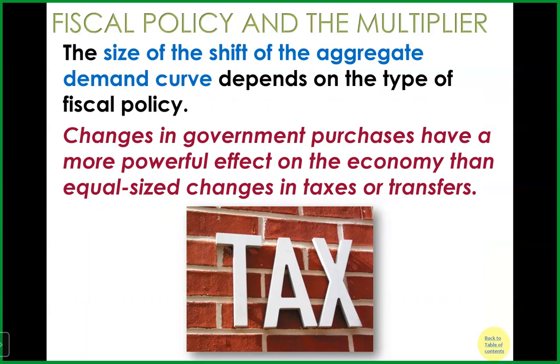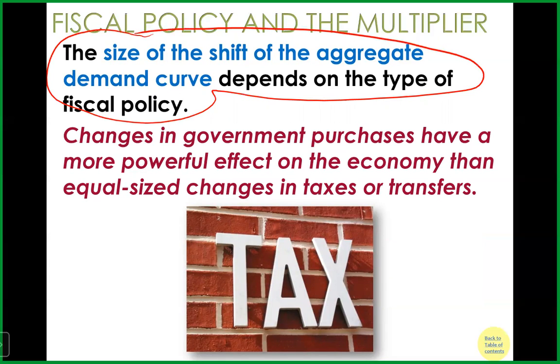To summarize the main lessons we learned, kind of given by this sentence: the size of the shift of the aggregate demand curve depends on the type of fiscal policy. So here, the shift essentially is what? It's like a multiplier, right? If you increase spending or reduce tax, you shift it, right? By how much the shift happens is going to depend on the type of fiscal policy.